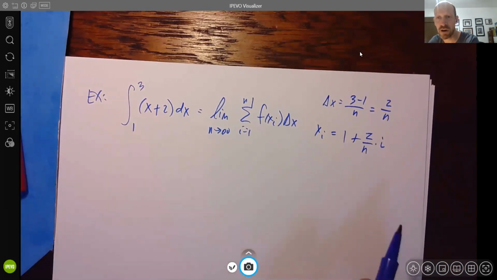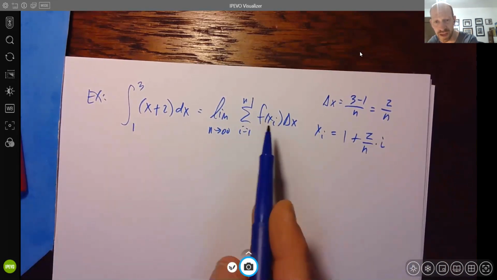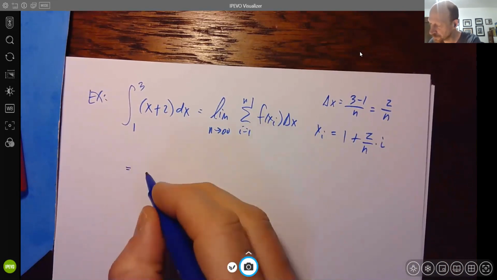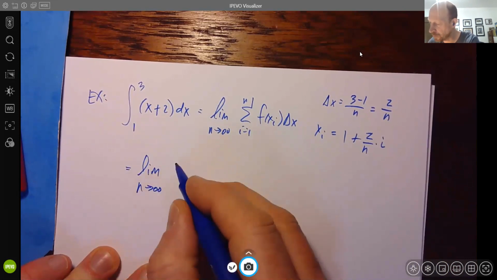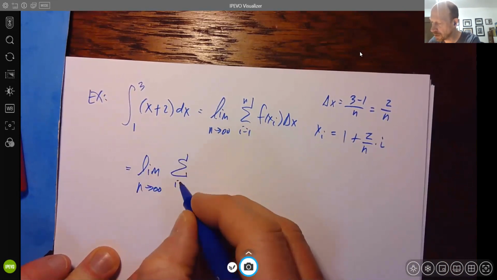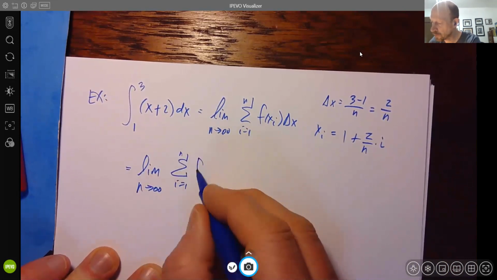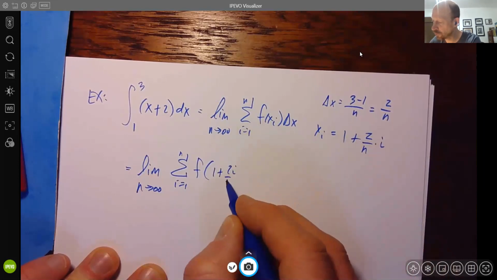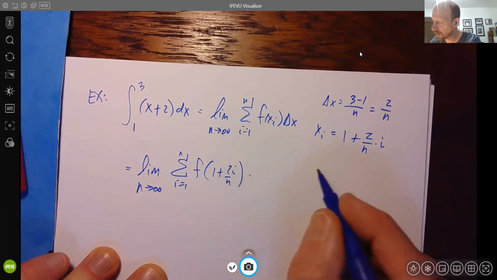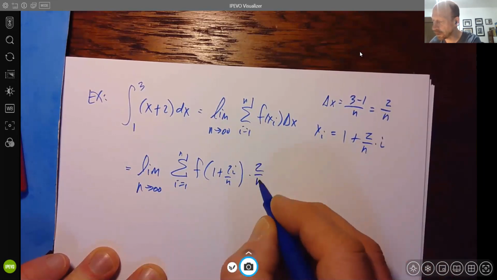Okay. So now I need to put all this together. Limit as n goes to infinity, the sum from i equals 1 to n, f of 1 plus 2i over n times 2 over n.